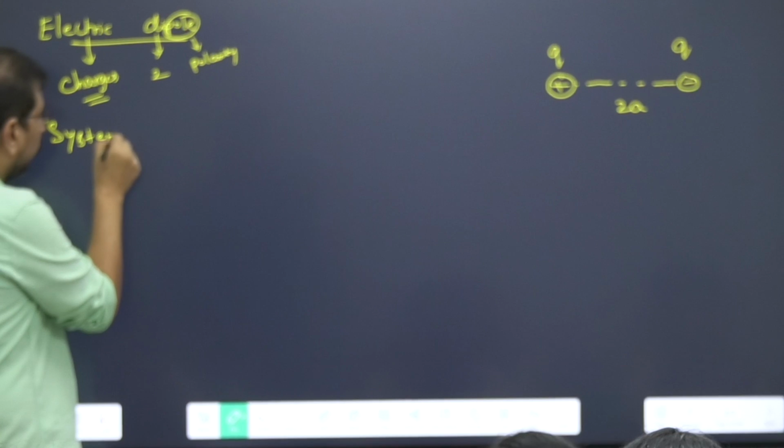So consolidating everything, let's give a definition to what this electric dipole is. It is a system of how many charges?